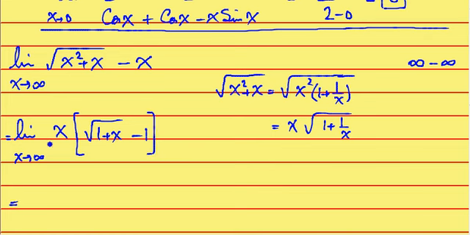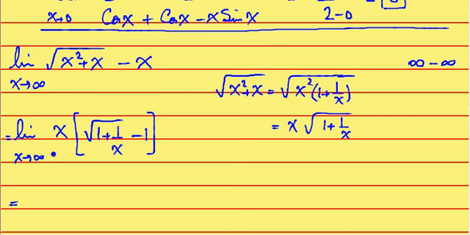Next step, this is now in the form infinity times. I made a mistake here in my writing. Let me correct my writing. This was 1 over x.